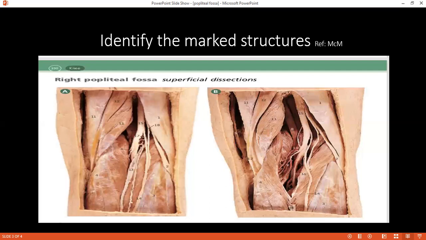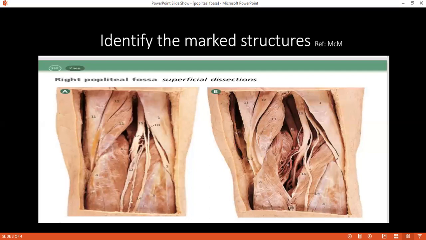I will feel the pulse with the three fingers of both hands. The ring finger will help to palpate the pulse. And I will ask the patient to relax his or her knee joint.